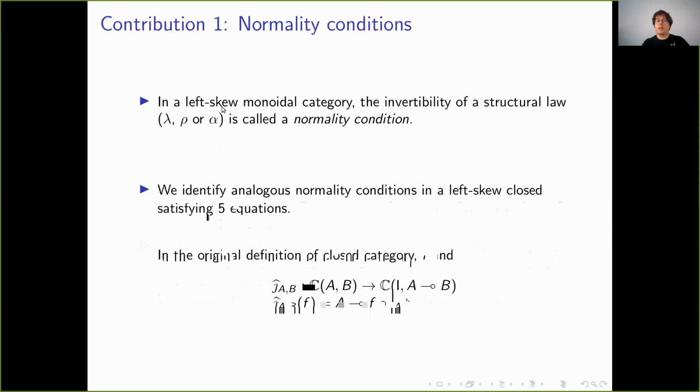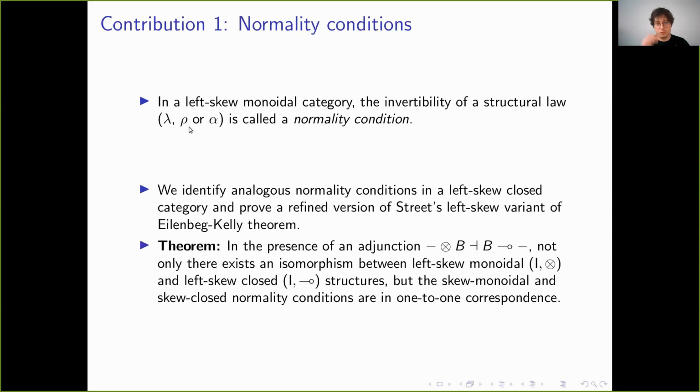For example, in the left-skew monoidal case, we call a normality condition the invertibility of a structural law, so either rho, lambda, or alpha, or multiple of those. And notice that one obtains the usual definition of monoidal category by just requiring all the normality conditions to hold, so that all three structural laws are invertible.